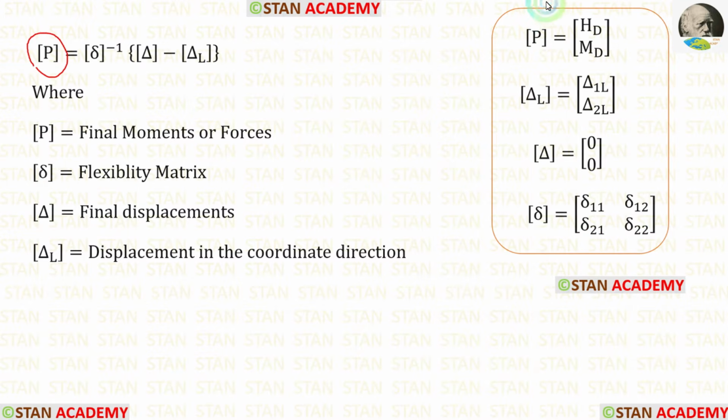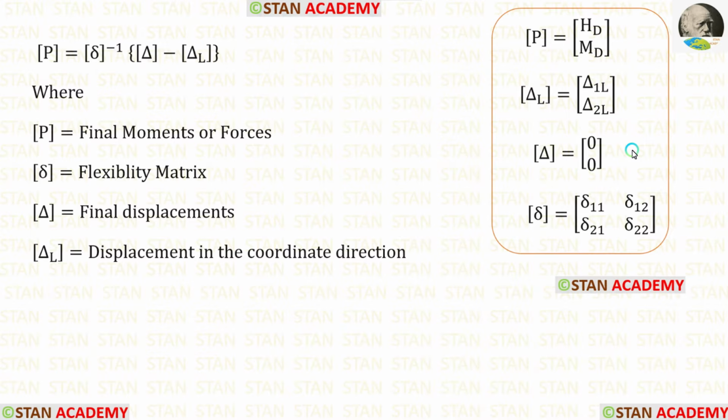Inside the P matrix, we will have the final answers HD and MD. Inside the delta L and delta matrices, we will have two values because in this analysis there are two coordinates.